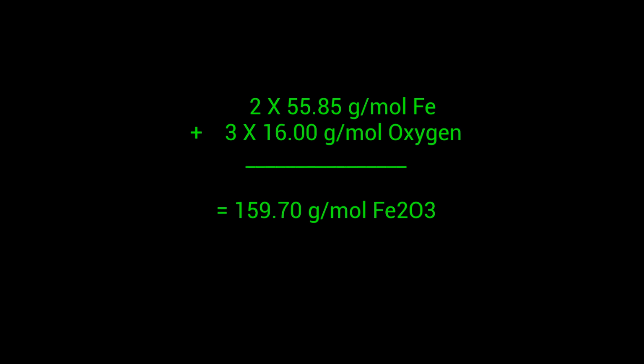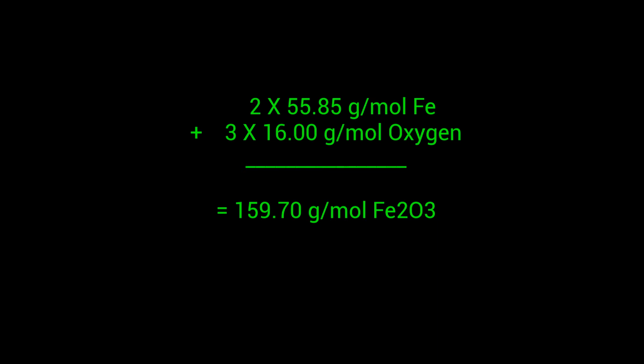Okay, hopefully you've started to get the hang of this process of stoichiometry. In this next example, we're going to convert 27.5 grams of iron(III) oxide to particles of iron(III) oxide, or more specifically, formula units. Pause the video and give this problem a try. Okay, my first step was just to use the periodic table to find the molar mass of iron(III) oxide.